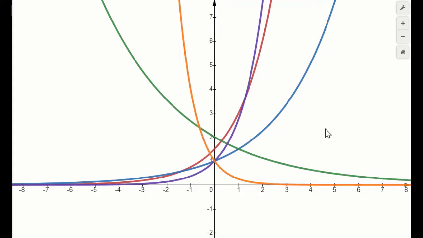All right, and so now let's identify which one, say for example, the graph in blue right here, which one among our list is the graph in blue? Which one among our list on the board is the graph in red? Which one among our list is the graph in green right here? We're going to find that out. All right.